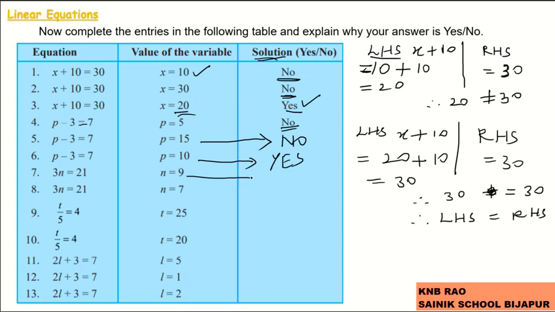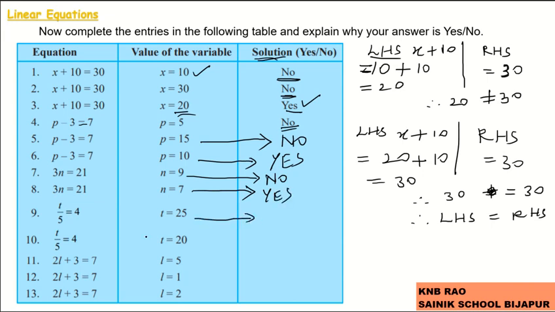And for n equals 9, 3 9s are 27, so it is no, because 27 cannot equal 21. N equals 7, 7 3s are 21 and equals 21, therefore it is yes.